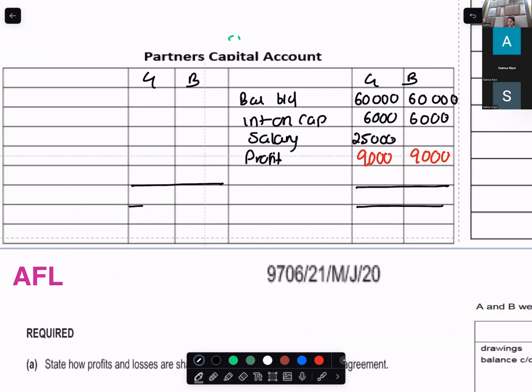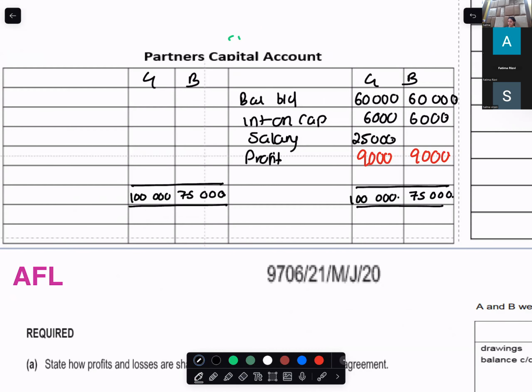Partners capital account has a credit balance because the credit side is more. So this is 75,000. What is the total of George? 100,000. Yes.